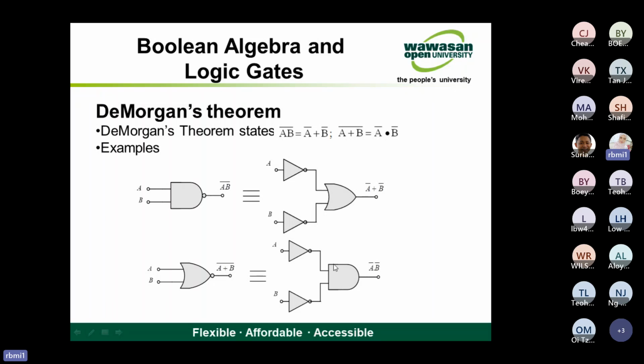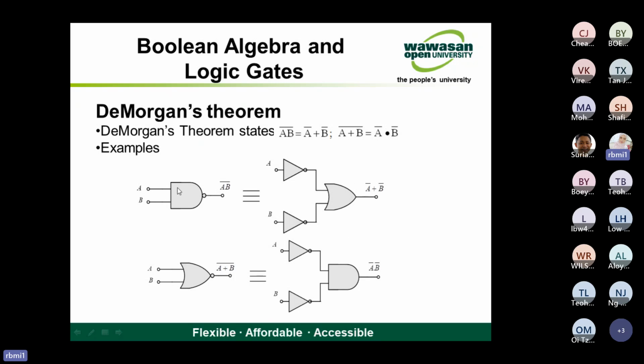Illustrated by logic gates, this shows the gate equivalents. Let's say we have A and B as the input and we use the NAND gate. This is a NAND gate because we have this inverter here, so we have AB bar. We can also say that it equals this one if we have A and B after the inverter and we have an OR gate.